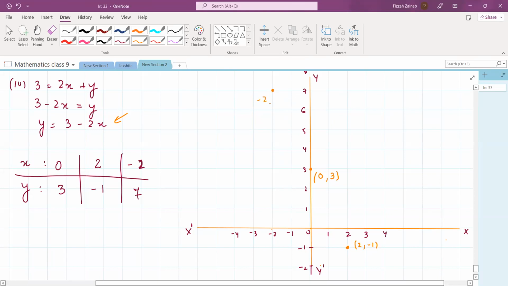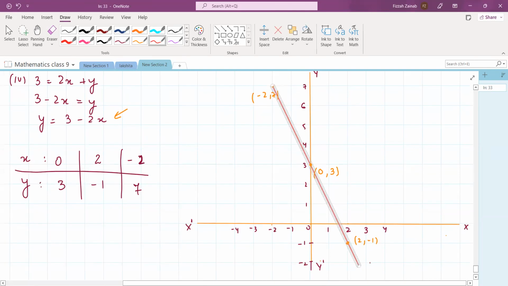So this is minus 2 and 7. So now you can join them. You can extend the line both ways. You can extend it a little bit if you wish, no problem. So as you can see, basically these are solutions. So ultimately they actually fall on the line.